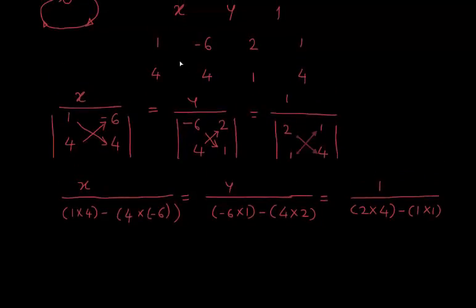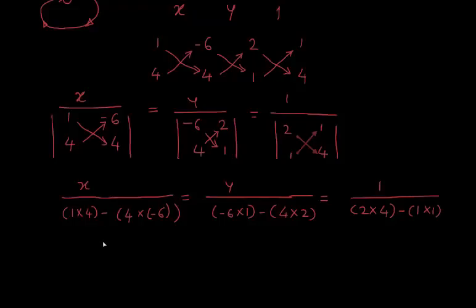So what we have done: for the x term we multiplied 1 by 4 and subtracted the product of 4 and minus 6. For y we multiplied minus 6 and 1 and subtracted 4 into 2. And for the constant term we multiplied 2 by 4 and subtracted 1 into 1. Let's solve this equation.